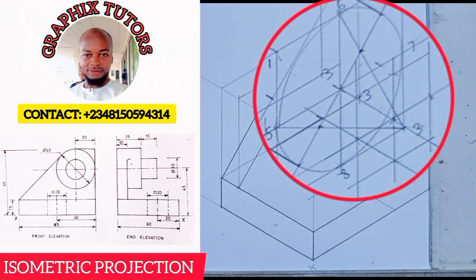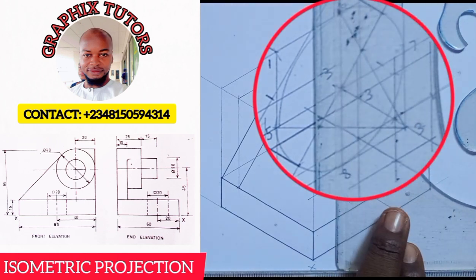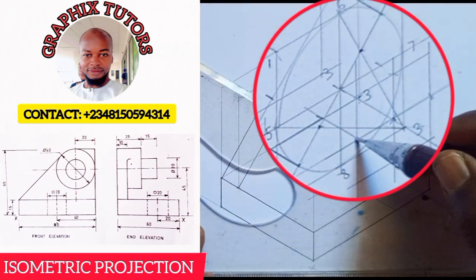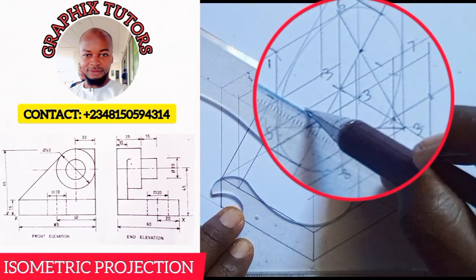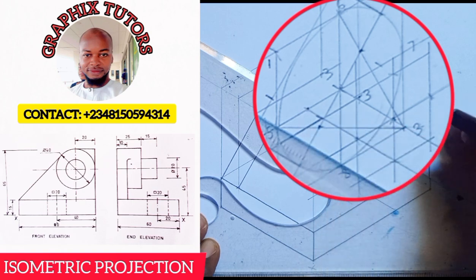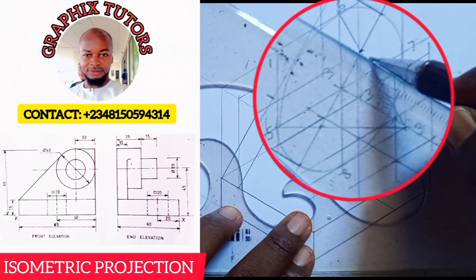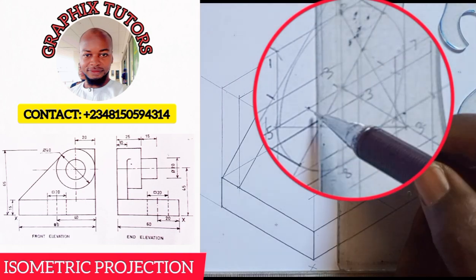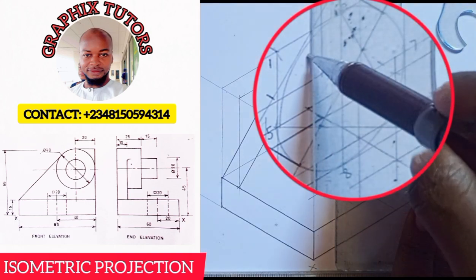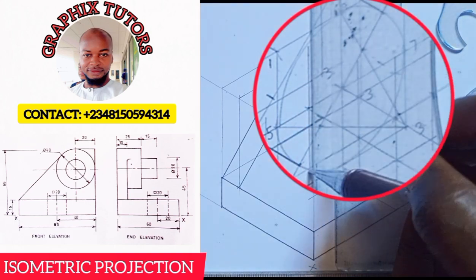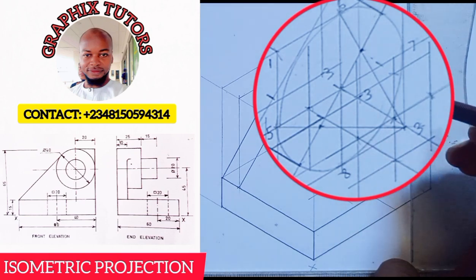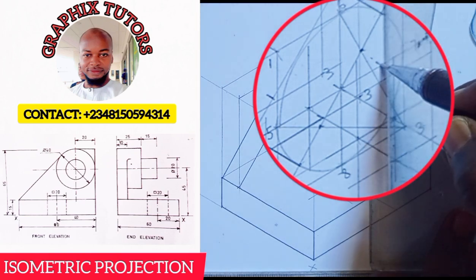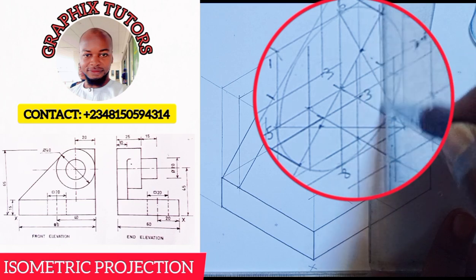Alright, so I'll just take my instrument. Let's check that again. From here, it's stopping here, and from here, it's stopping here. So let's just bring it out. Vertical, vertical.